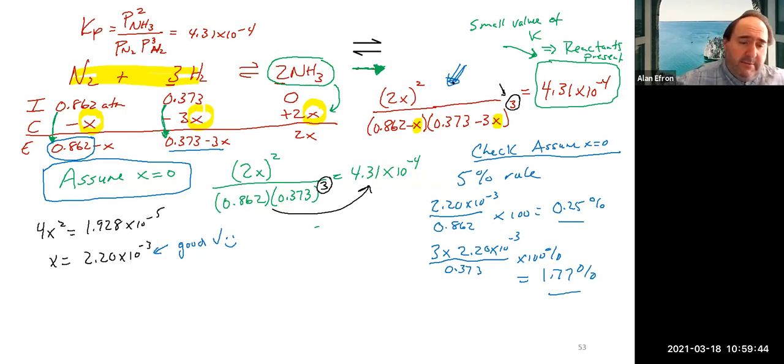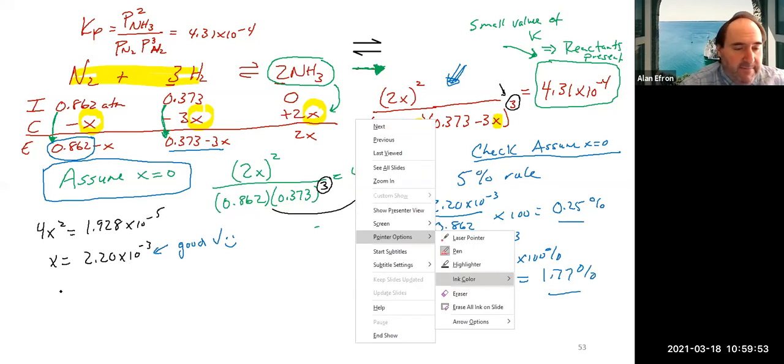Now we're not done with the problem, so let's finish the problem here. Now that we checked our assumption and it's all good, let us put our x values back in.